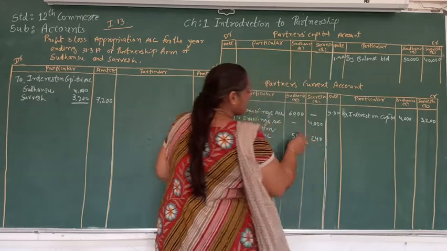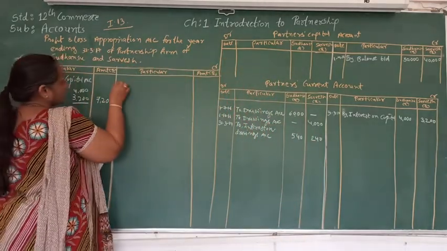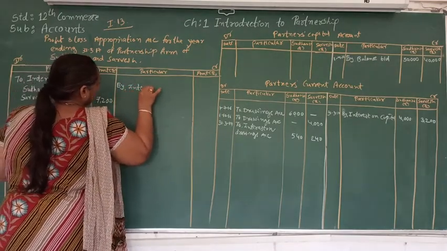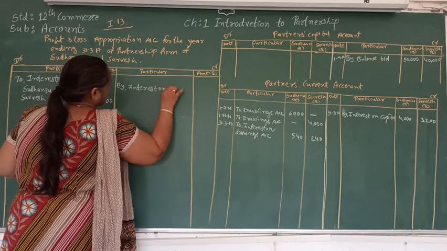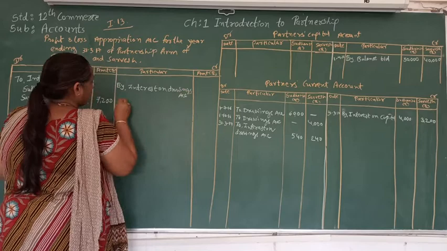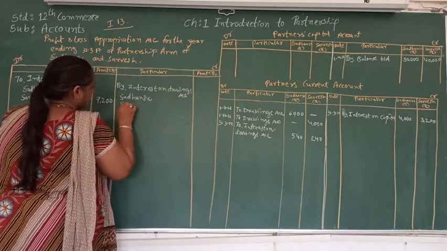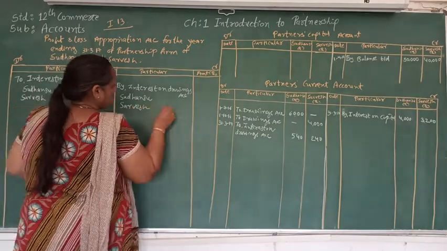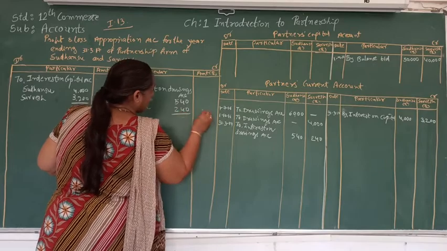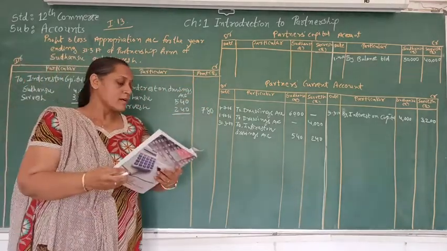So total interest we are going to credit to profit and loss appropriation account here by interest on drawing account, Sudhanshu and Sarvesh. So here it will be 540, 240. So total will be 780. So this is the income for the partnership firm.